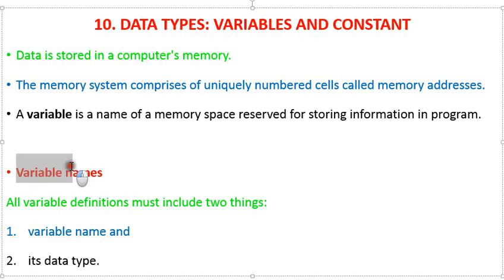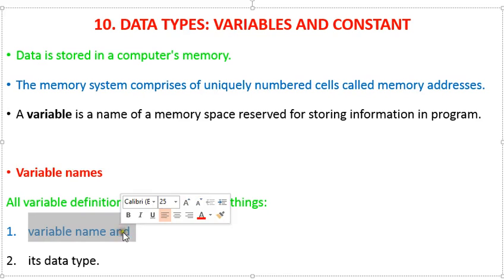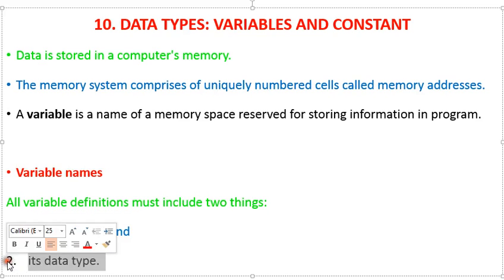We come to variable names because we said they are reserved spaces, so they have to be given names. Now, the variables you want to define must in any case have a name. That's the first thing, they must have a name. You have to give them a particular name, and of course you have to define what type of data they are going to store.